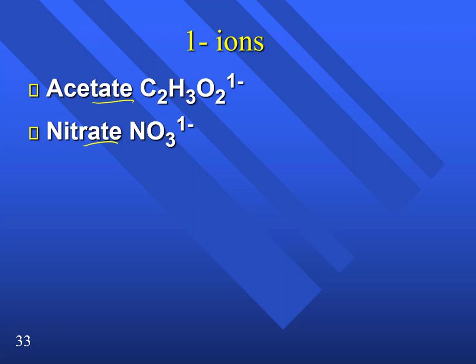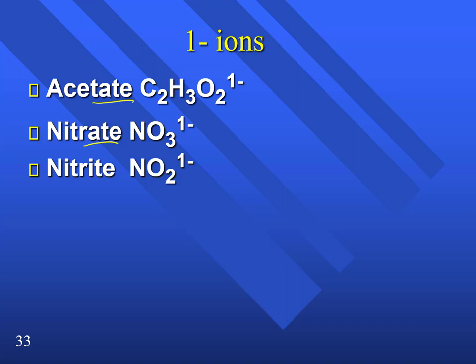Now, closely related to nitrate is nitrite. And this pattern happens a few times on the table. Well, there's an ATE version, then there's an ITE version. The ITE version means one less oxygen. That's what ITE means, one less oxygen.